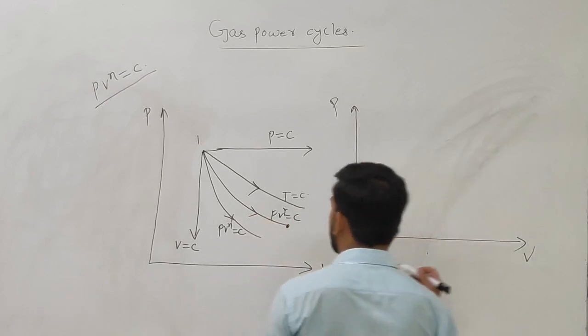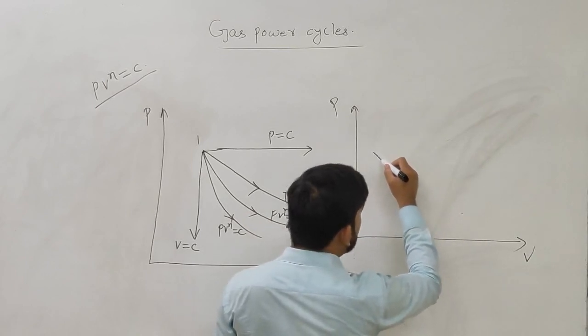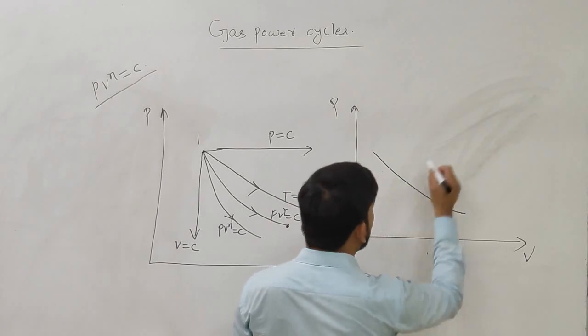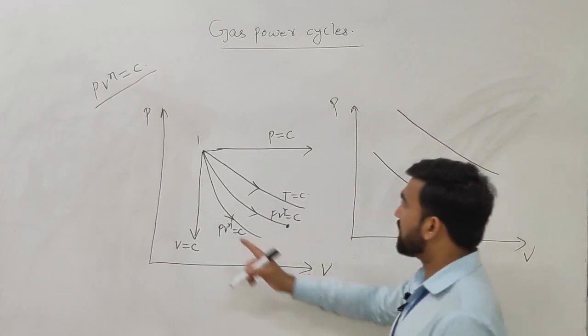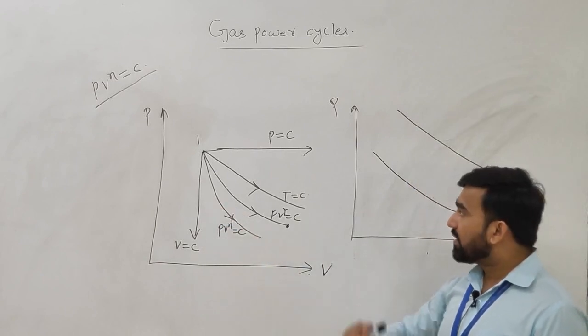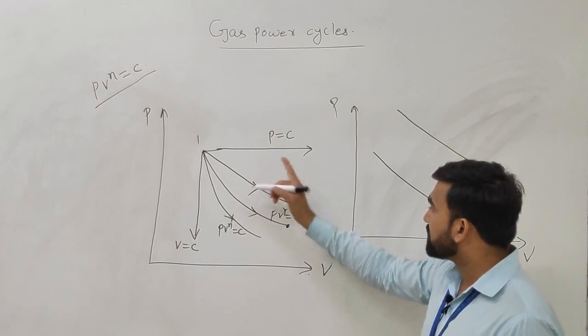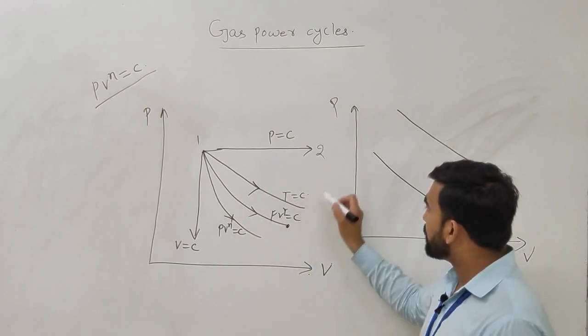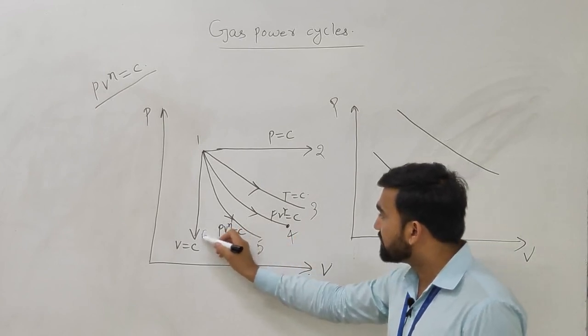So what we see is there are 2 reversible adiabatic processes that can be drawn by this curve, which we are taking from this PV diagram. Here this line, suppose this is 1, this is 2, 3 or 4, this one is 5 or this one is 6.